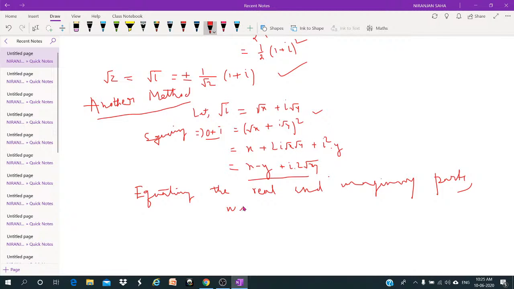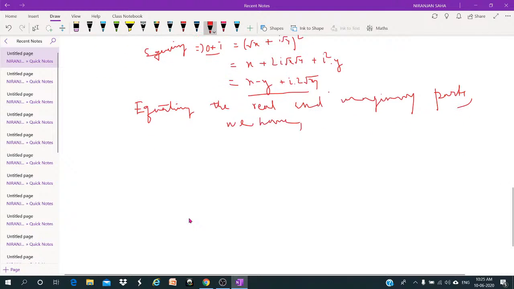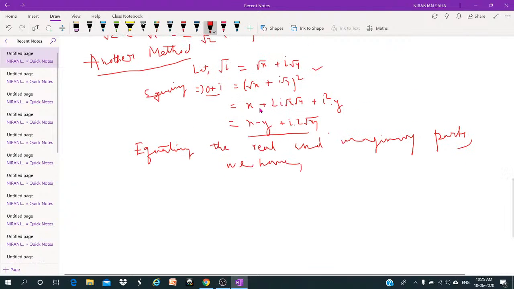We have x minus y is equal to 0 and 2 root xy is equal to 1.